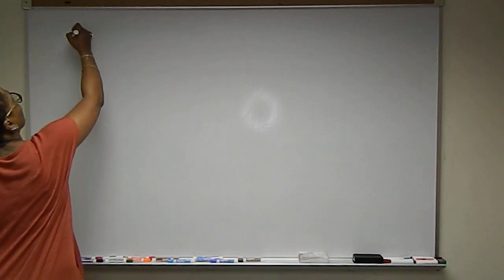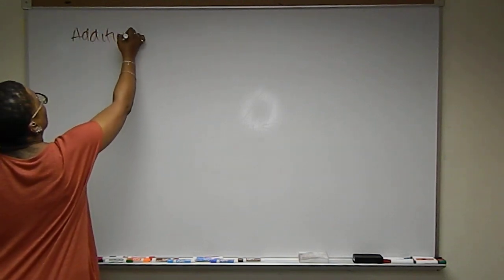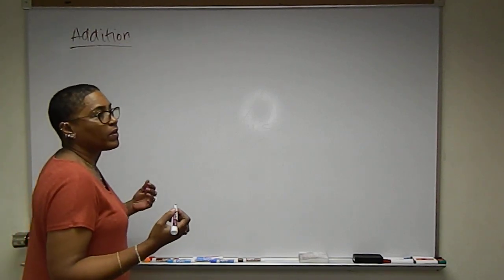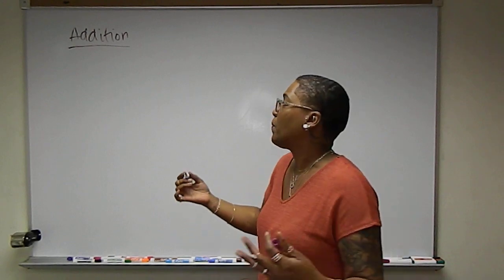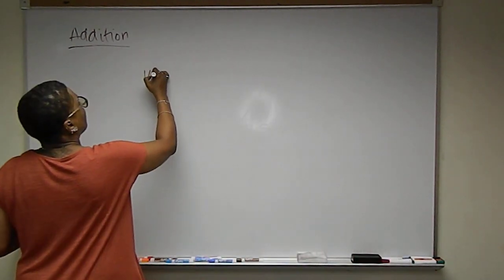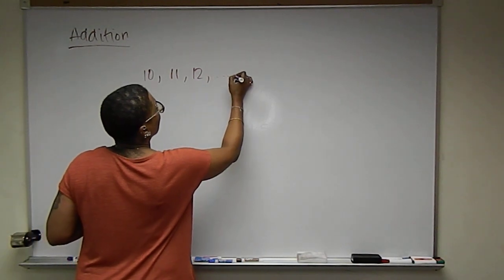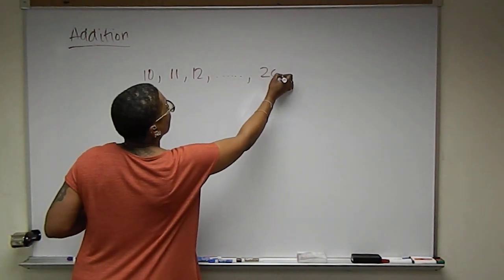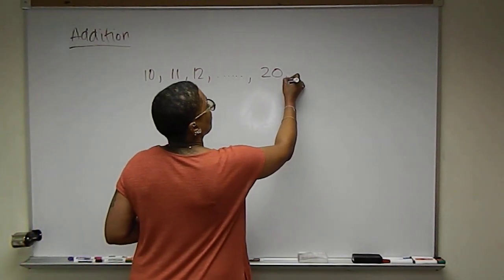What does that mean? Well, you count from 1 to 9 and then you get to 10. Then you get 11, 12, all the way up to 20, and then you start over again with the 1.